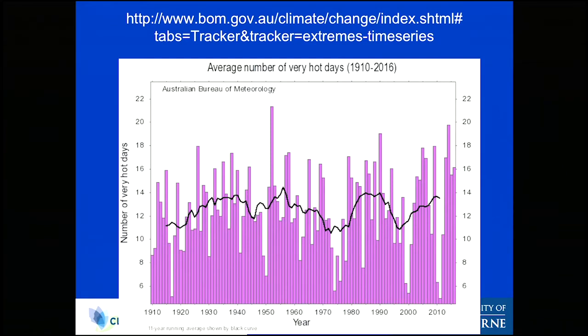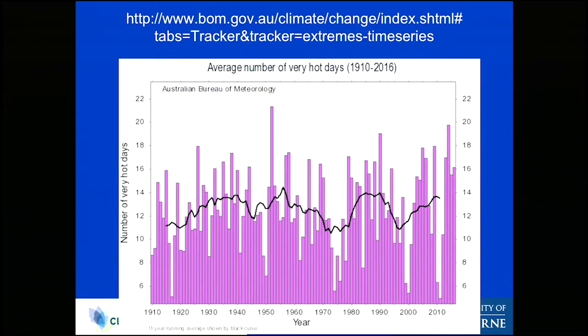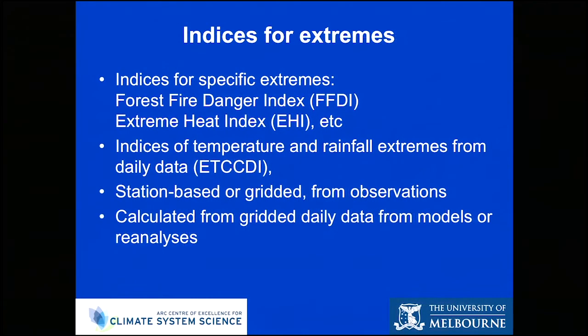I should point out that this one isn't easily available in any of the metrics that you've got. You could easily calculate it from the data that Thomas is going to make available from the labs, but this is one of the ones that's readily available. So the sorts of indices that I'm going to talk about are not some of the indices that exist for specific weather extremes, like the forest fire danger index that I talked about already.